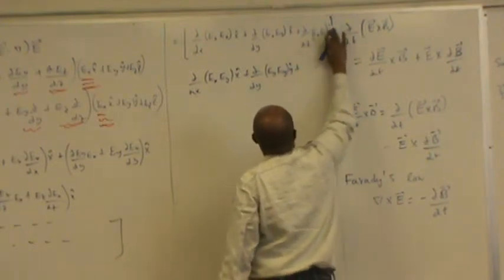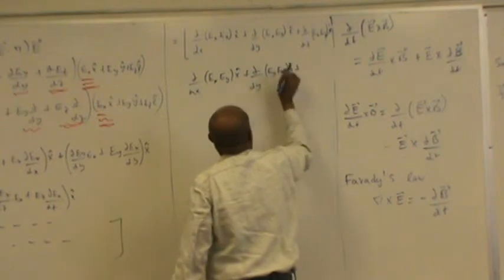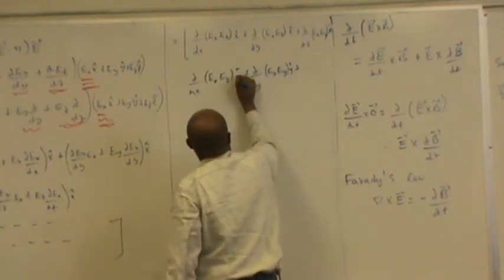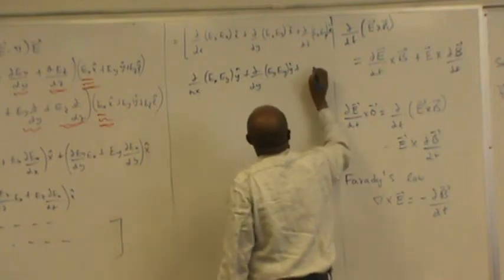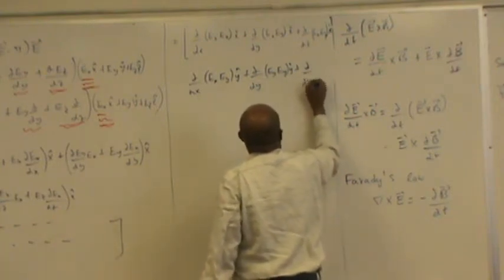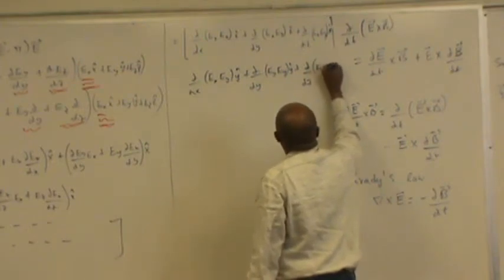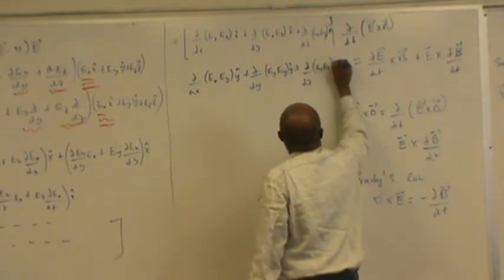It should be y hat, plus d by dz of Ey Ez along y hat.